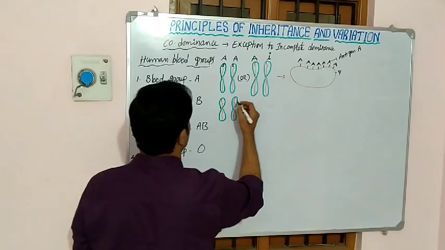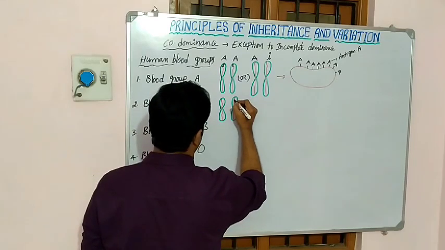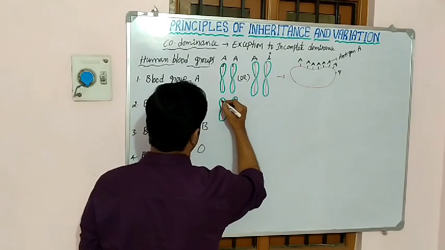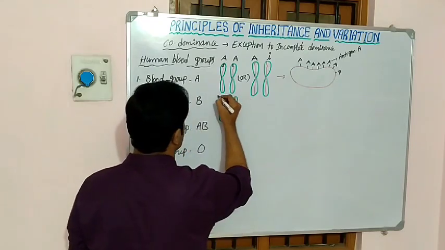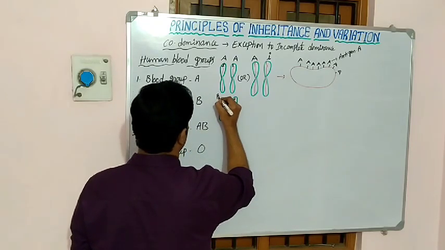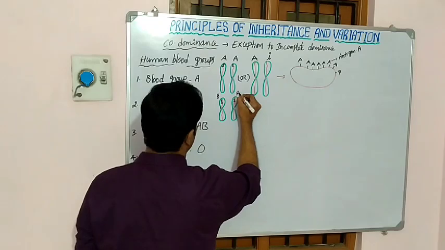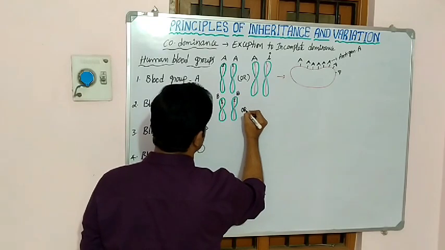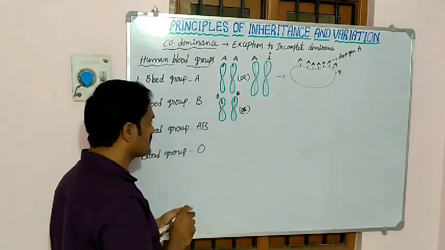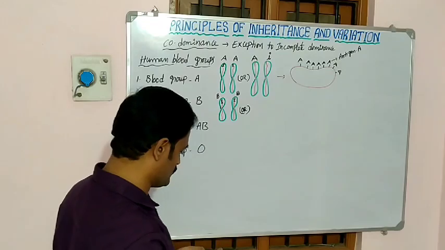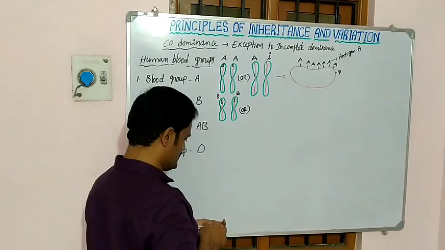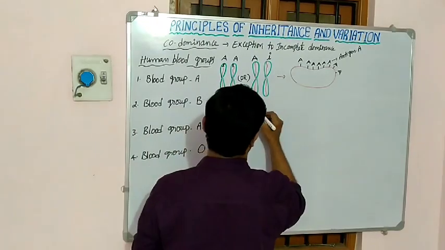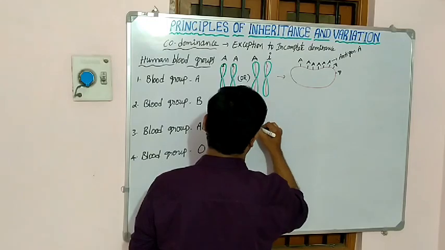Here also a part of the gene, here also a part of the gene. So this part of the gene consists of B allele. Here also B allele.